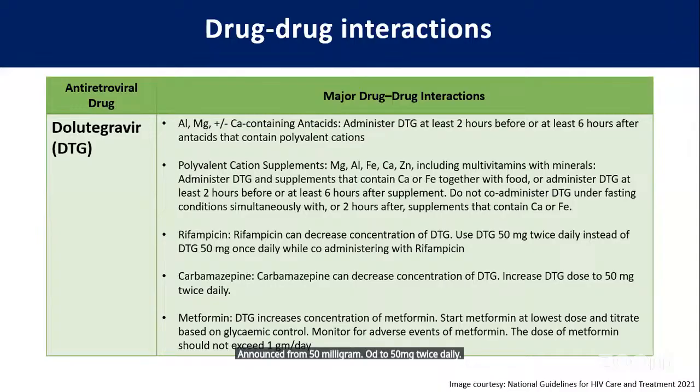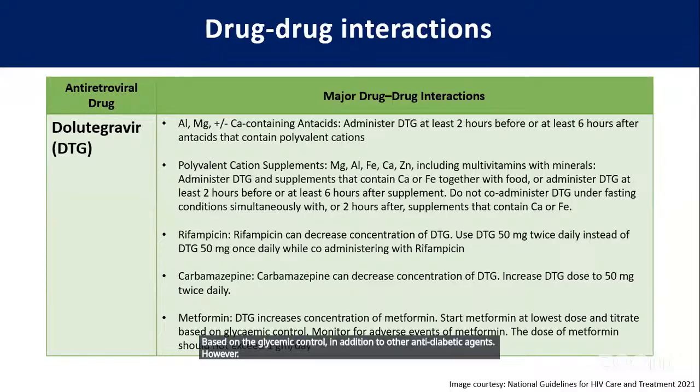Metformin, on the other hand, is important. DTG increases the concentration of metformin. So the guidance is that you start with a low dose of metformin, maybe 250 or 500 milligram once daily, and gradually up-titrate the dose based on the glycemic control, in addition to other anti-diabetic agents.